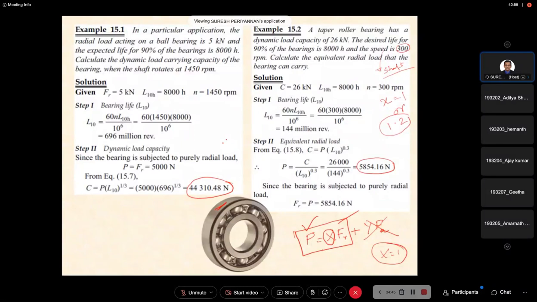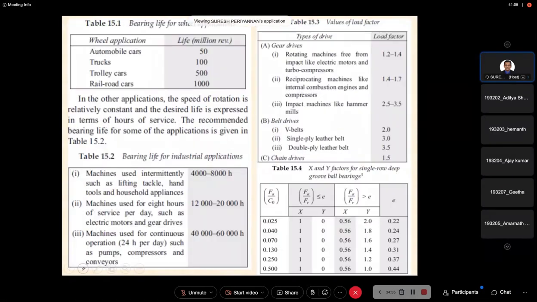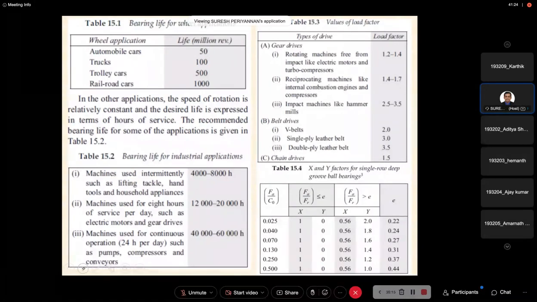Actually they didn't give it, so you can assume that X is equal to 1. Okay, sir. Thank you. If the shaft speed is given, it is very clear. Here they didn't give anything, only that the bearing is rotating. Maybe what you are saying is correct, the inner race may be fixed and the outer race may be rotating. We do not know that, but if the shaft speed is given, it is much better.